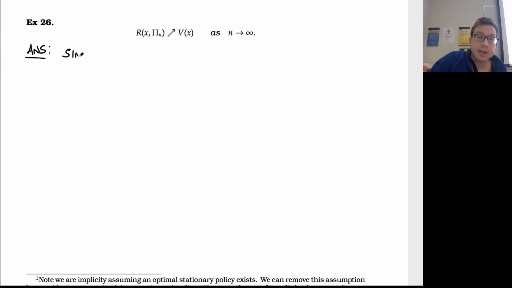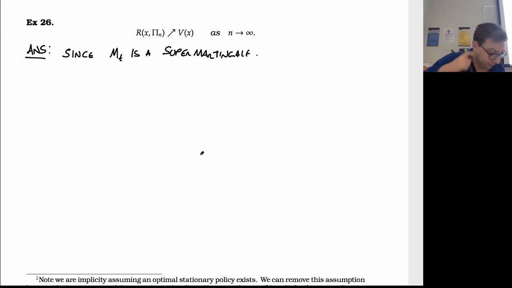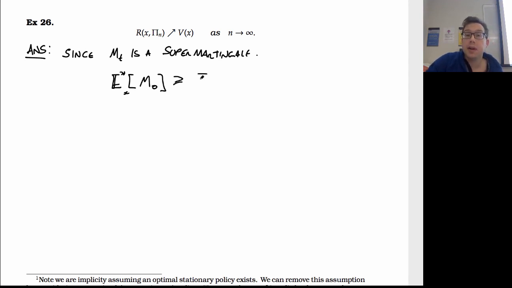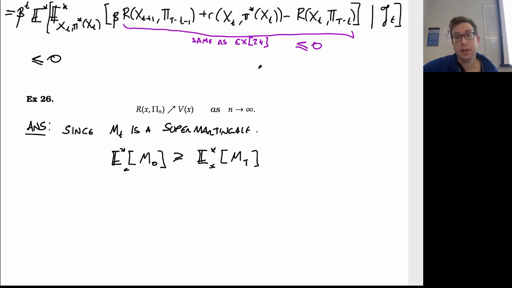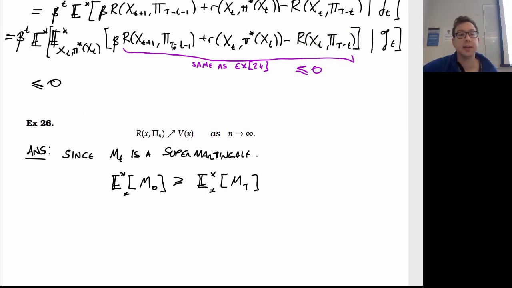So anyway, since M_T is a super martingale, we know that, starting from x, the value of the super martingale at time 0 has to be less than the value of the super martingale at a future time capital T, where capital T is the same as the capital T in this expression here.